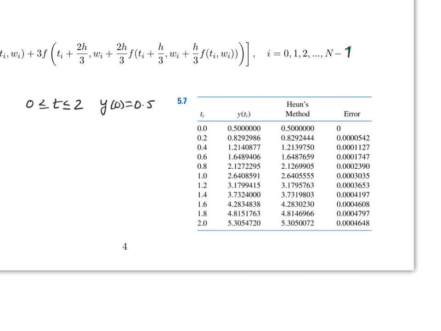Now, even though this is way more accurate than the last two methods, Runge Kutta methods of order 3 are very rarely used. The most common ones are order 4, which is the next one and the last one we're going to see in this section.